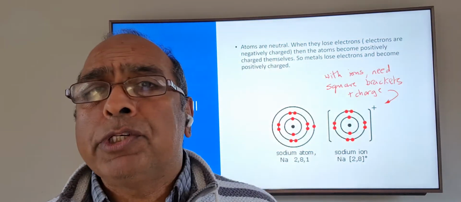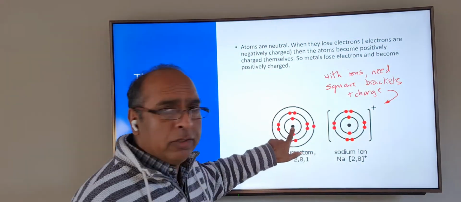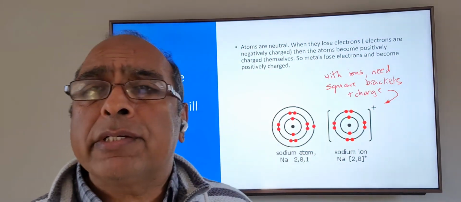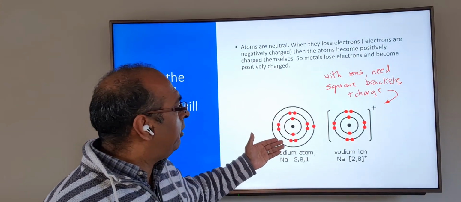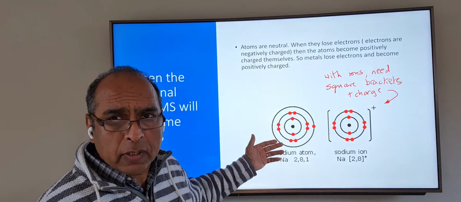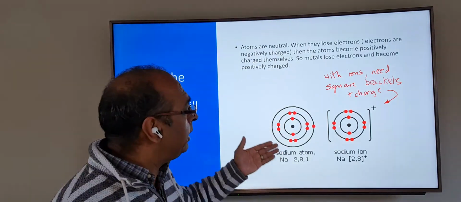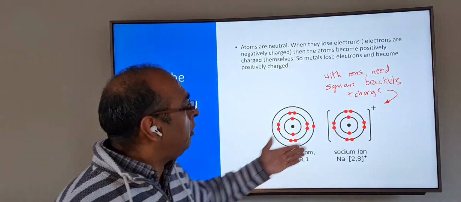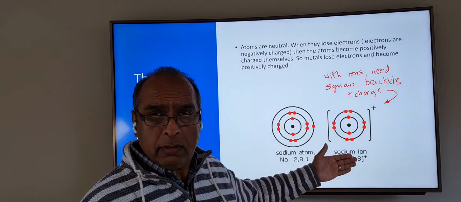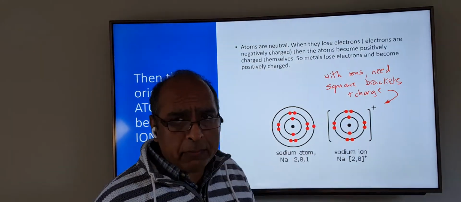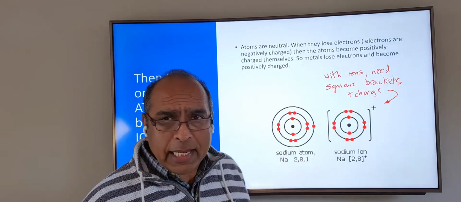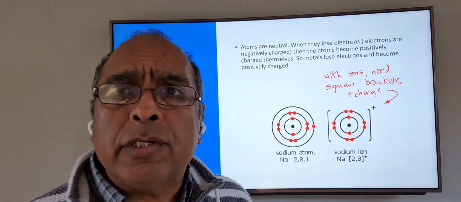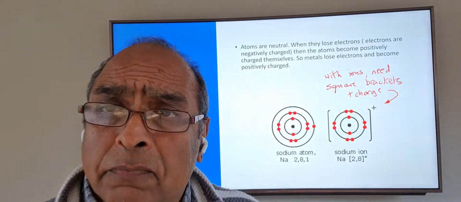If you want to count deeper than that, then you need to go into the nucleus. The nucleus has 11 protons. Here, there are 11 electrons, and the protons are balanced by the electrons. But on this side, you've still got the same nucleus, 11 protons, but now you've only got 10 electrons. 11 positive charges, 10 negative charges.